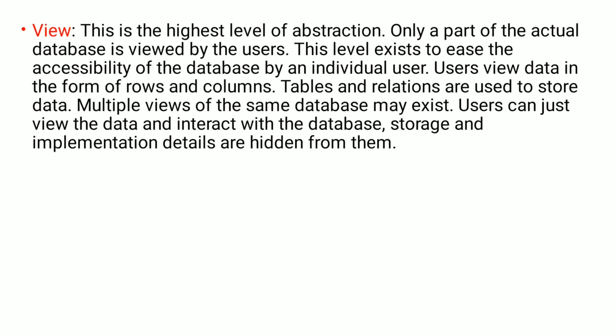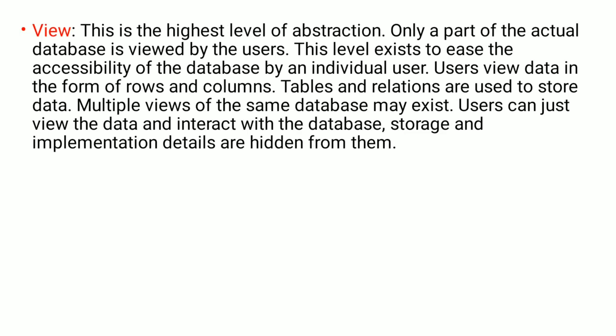In simple words, the view level is the highest level of abstraction that describes only part of the entire database. The view level can provide access to only a part of the database, not the whole database. It only gives access to a particular part of the database. This level helps in simplifying the interaction with the system.